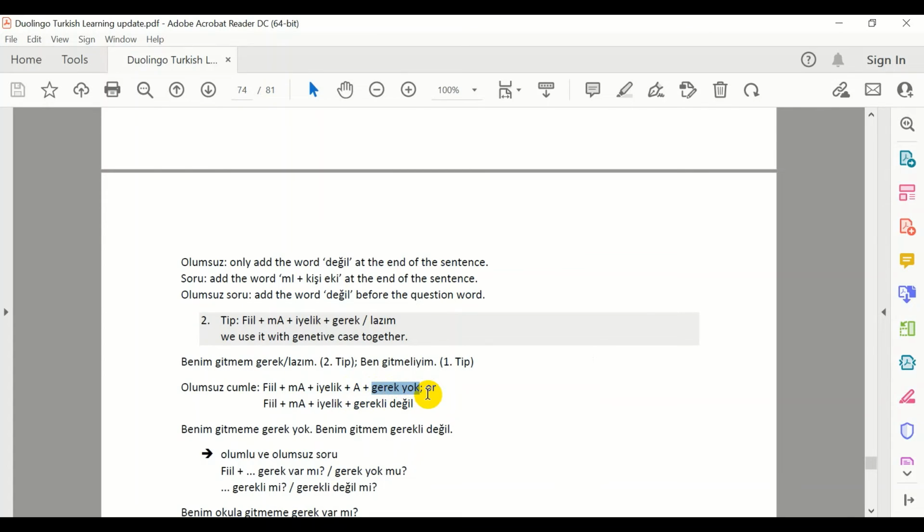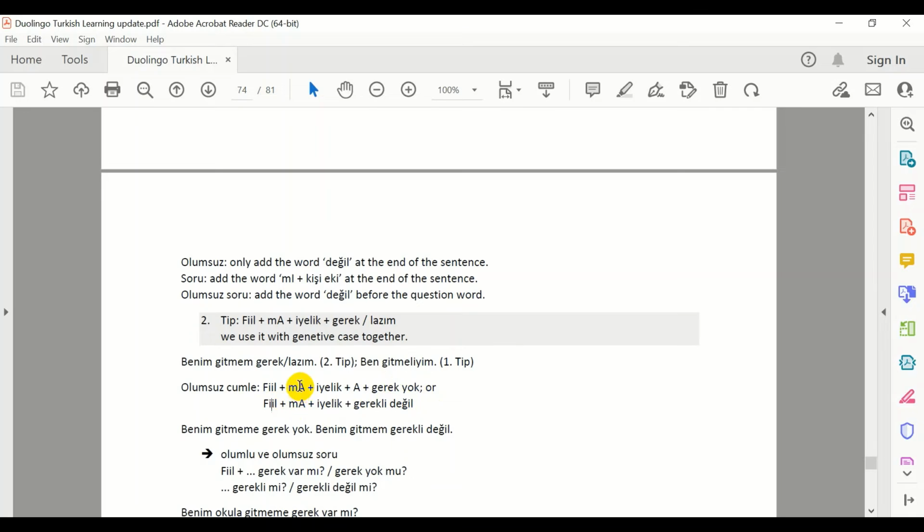You might not have seen yok so far in the course that we have studied. So it is a very specific case, specific to gerek and lazım. So you should remember this structure if you want to use it. Or it even has another structure as well.